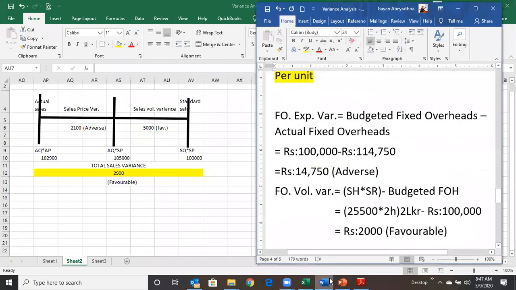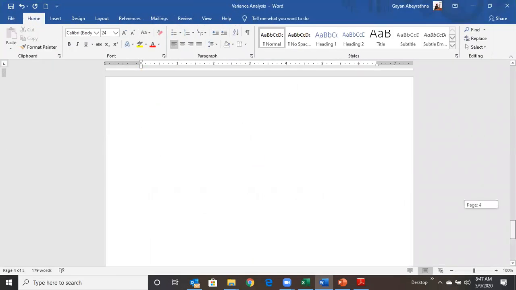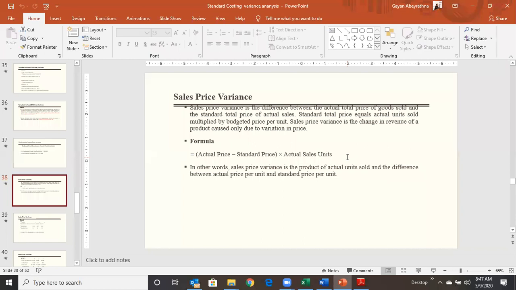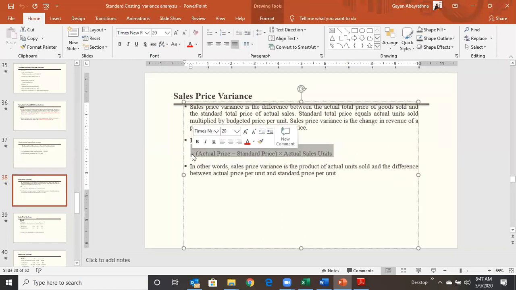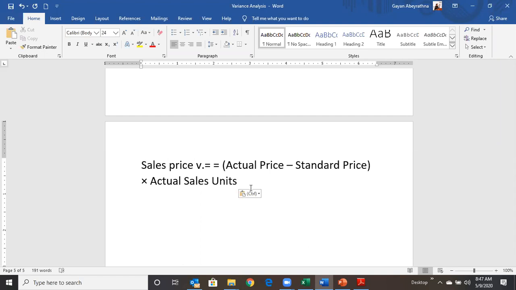So let's see how to do this within our equations. Sales price variance refers to, sales price variance equals actual price minus standard price into actual sales units.